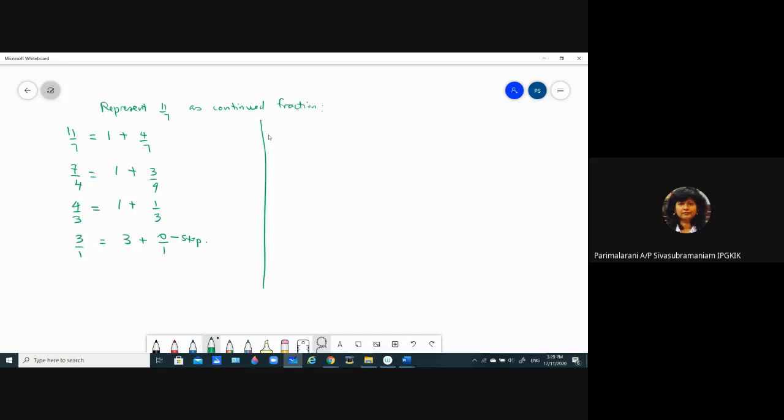So our answer is 11 over 7 equals 1 plus 4 over 7, which equals 1 plus 1 over 1 plus 3 over 4, which equals 1 plus 1 over 1 plus 1 over 1 plus 1 over 3.